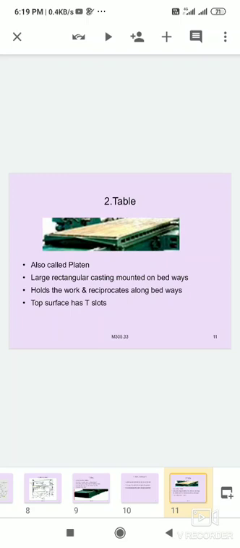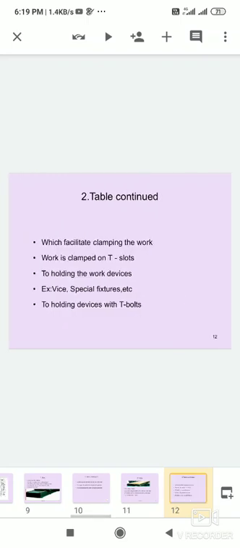The top surface has T slots to facilitate clamping the work or holding devices. Some examples of holding workpieces are a vice and a special fixture.